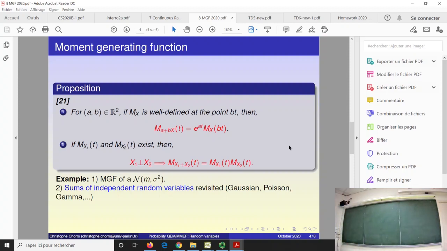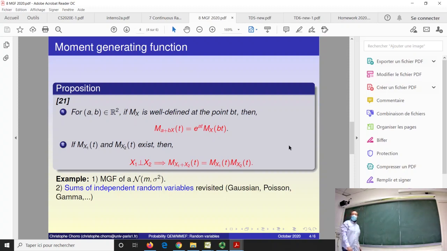So suppose that you start with X, a random variable, and suppose that you know M_X, that is given by the expectation of exponential tX.